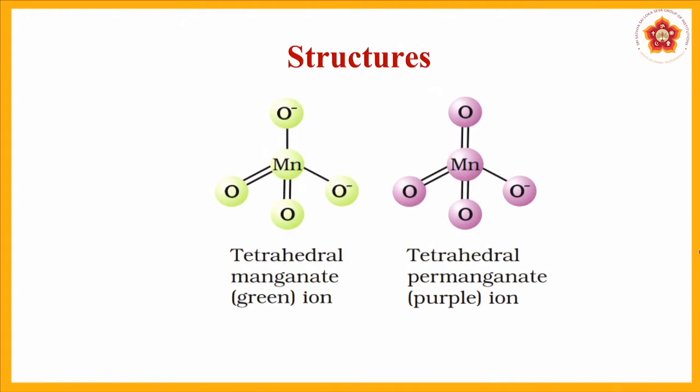So, what is the color of the compound? The manganate ion is greenish in color. So, at the end of the first step you actually get a green salt. At the end of the second step, where you form the permanganate ion, you get a purple colored salt. So, potassium permanganate is purple in color; even when we make a solution, we get a purple colored solution in these cases.